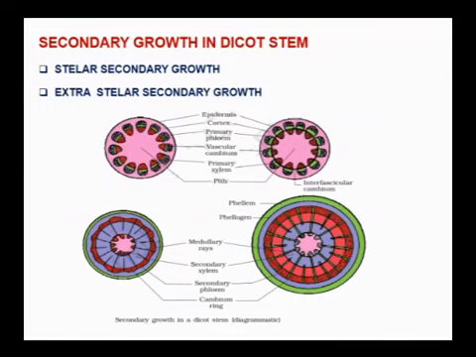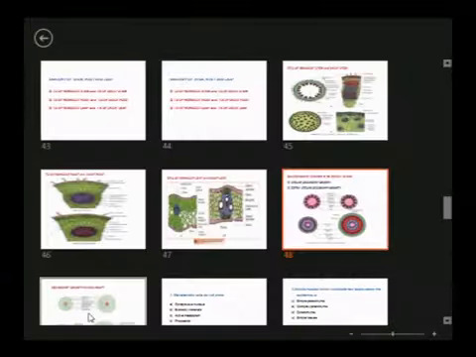The most important part of anatomy where usually the confusion occurs is the secondary growth. Let us take a new slide. Let us start with the secondary growth. It is characteristic feature of dicot plant.